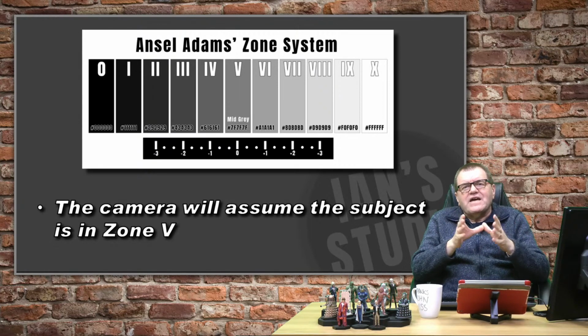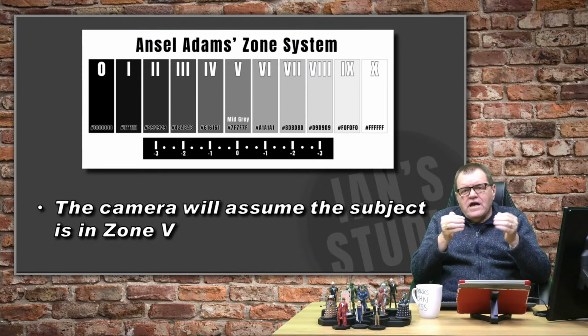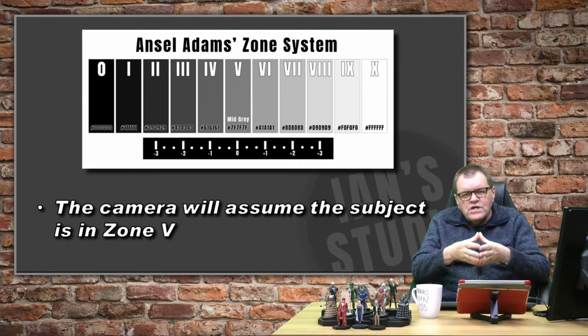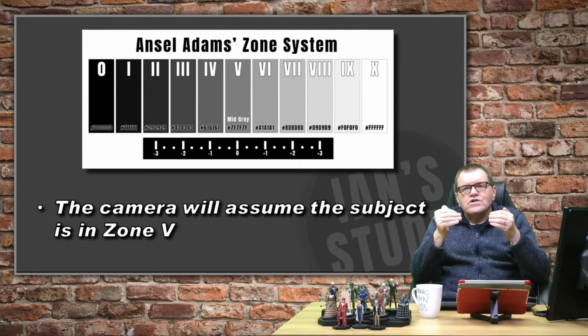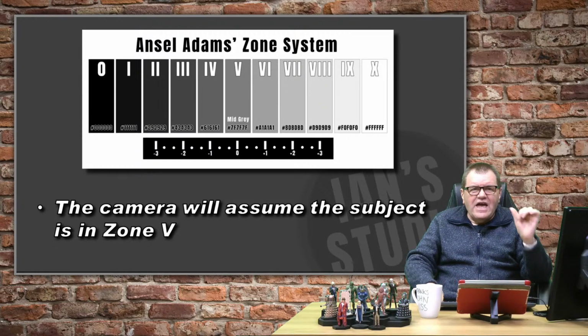Now, I want to give a little bit of a caveat on this, in that the way Ansel Adams would work and the way the zone system works, we are talking about spot metering. We're talking about metering a defined area.